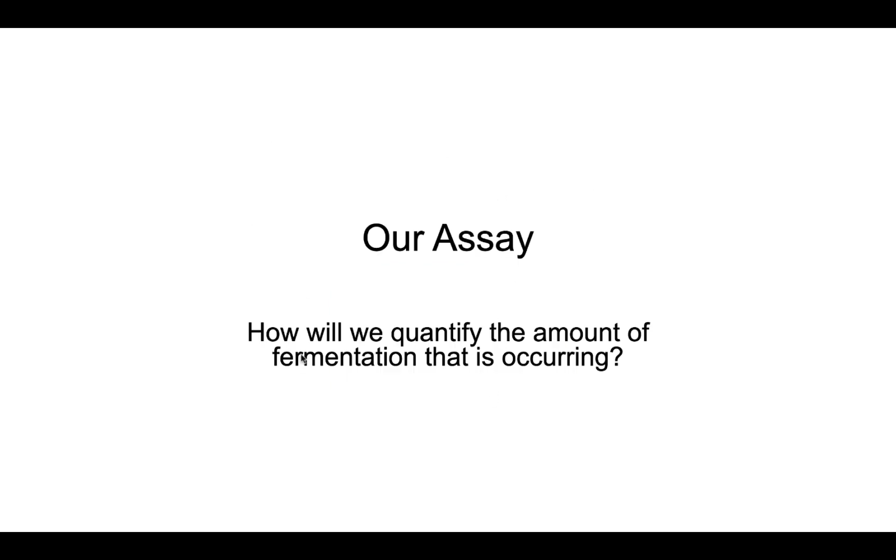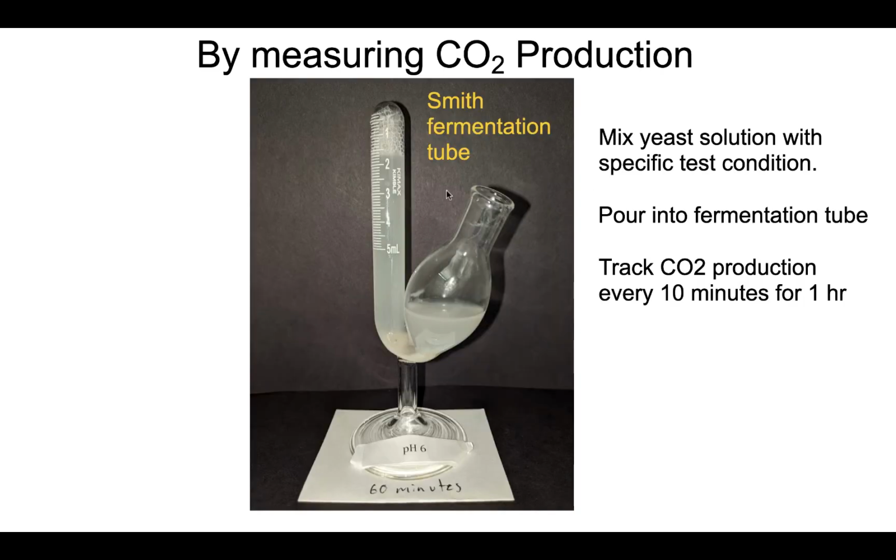Now, the assay that we are going to be using is called a Smith fermentation tube, and it looks like this because it allows us to measure the production of CO2 given off by yeast fermentation. How does it work? Well, we mix yeast solution with a specific test condition.